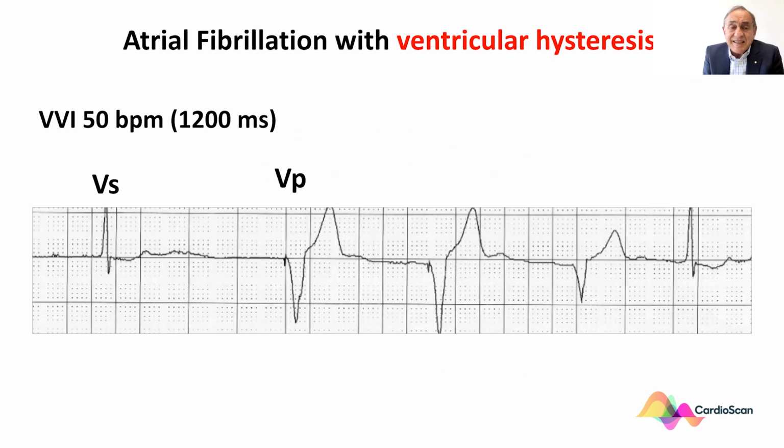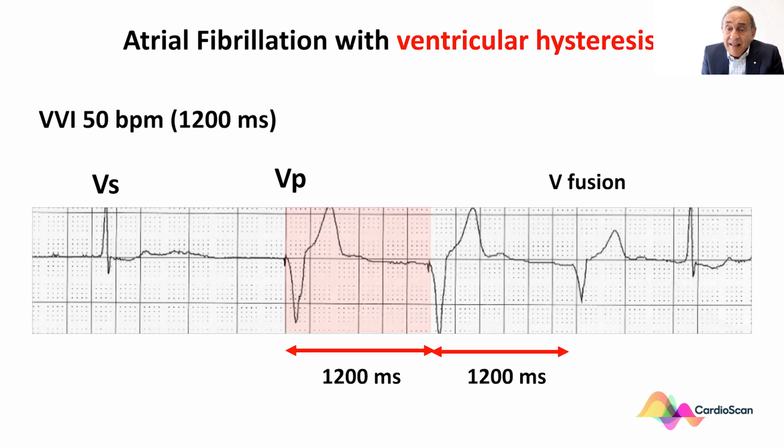But here in this example, you can see that the sensing period is longer than the V pace to V pace period, which is 1200 milliseconds. And here is another 1200 with a ventricular fusion beat again. And then the sensing zone is 1500 milliseconds.